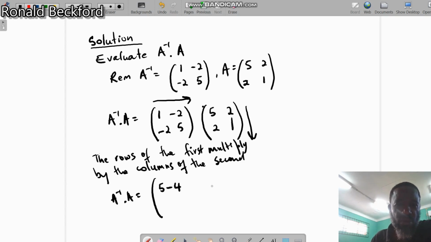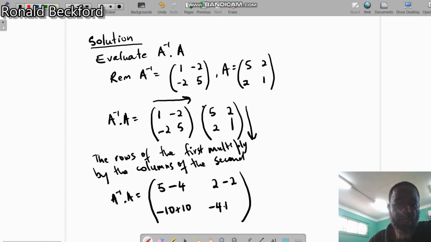So 1 times 2 will give us 2, and negative 2 times 5 will give us negative 10, plus 5 times 2 will give us 10. And in the fourth position here, we have negative 2 times 2 will give us negative 4, plus 5 times 1 will give us 5.